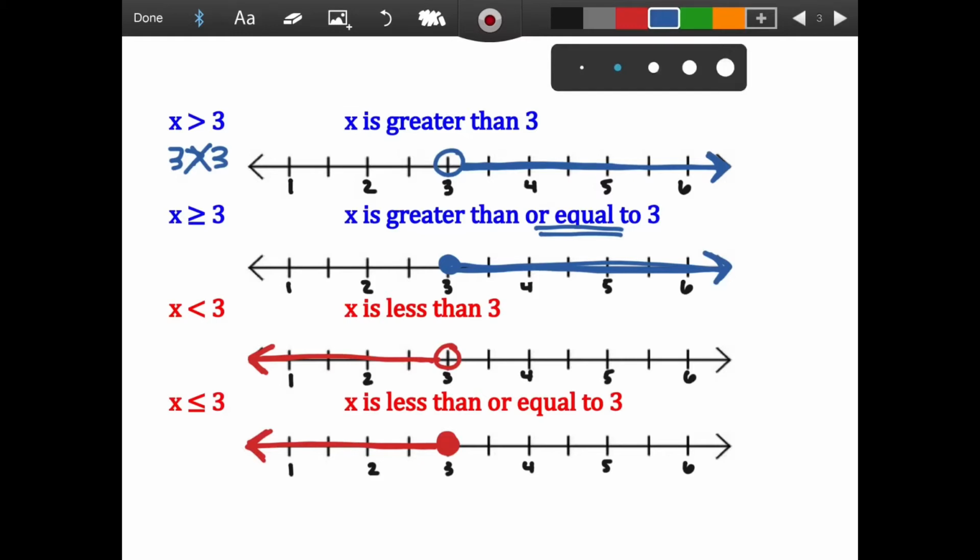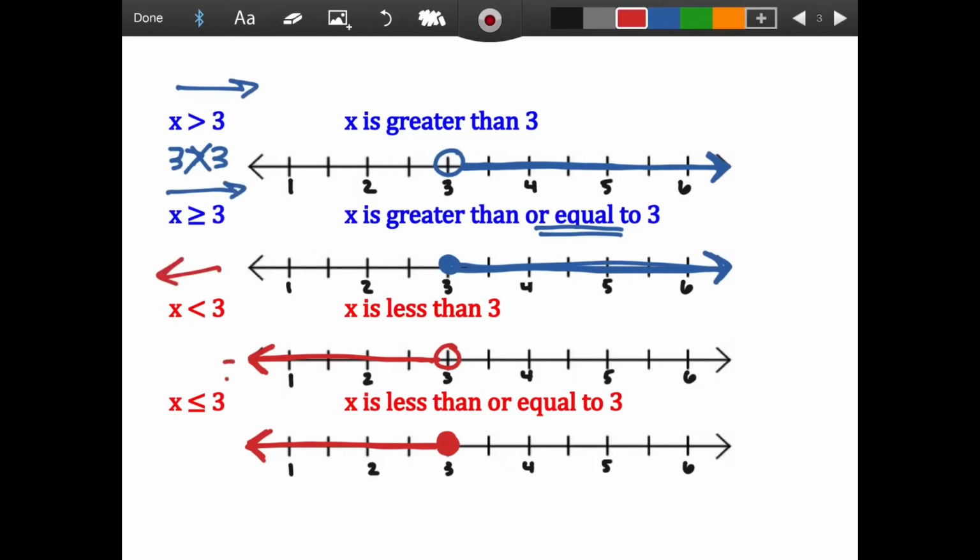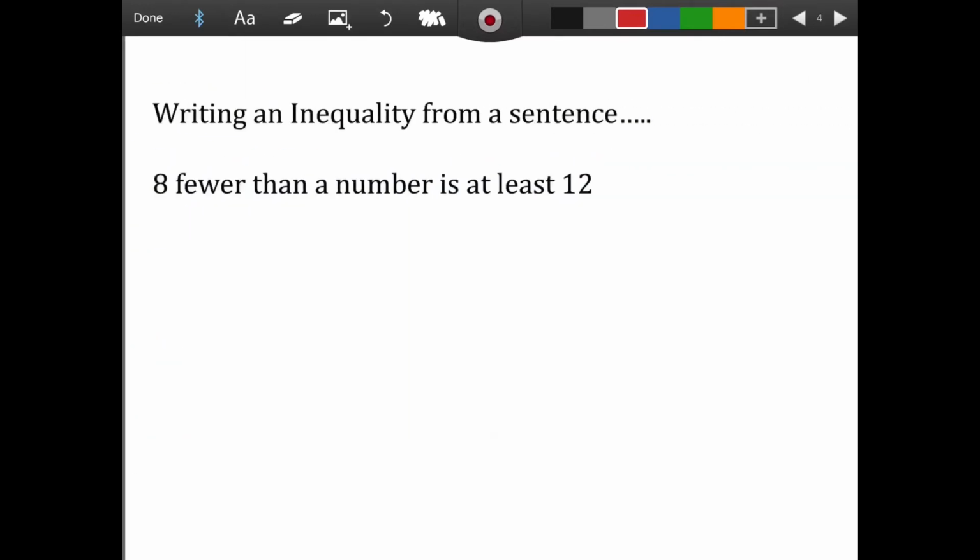So x is greater than 3, we're shading to the right. Greater than or equal to 3, we're shading to the right. Less than 3, we're shading to the left. Less than or equal, we are shading to the left. So as long as your variable is on the left side, your inequality symbol will point in the direction that you should be shading.